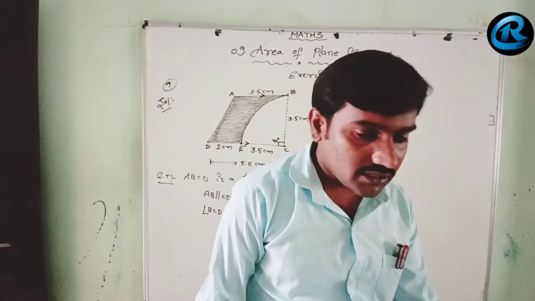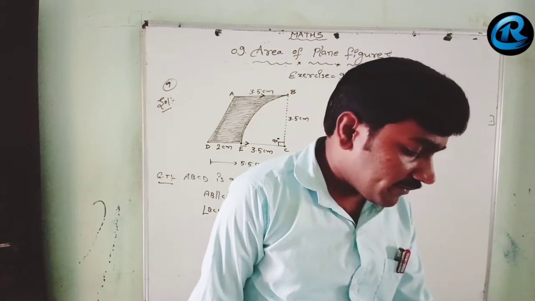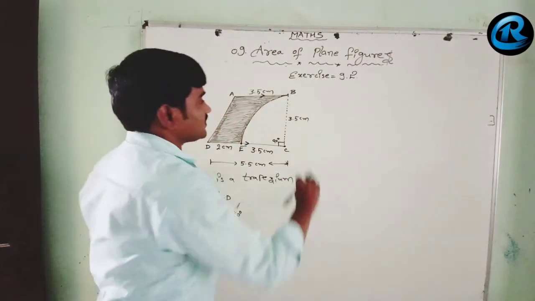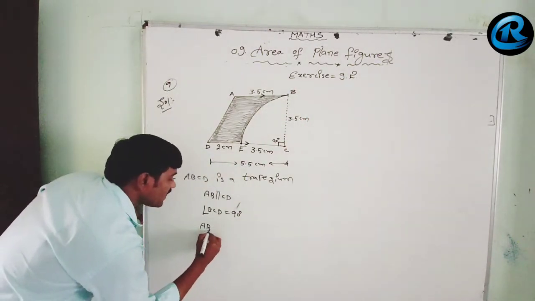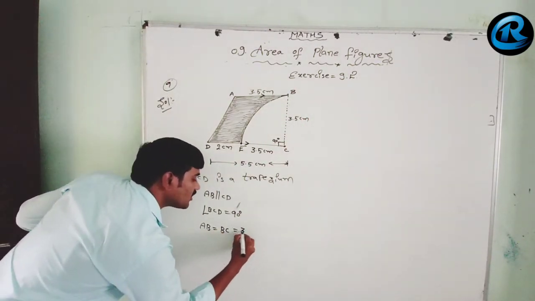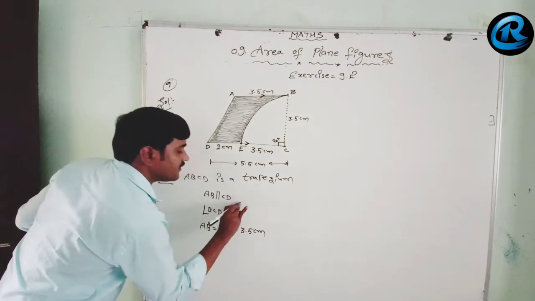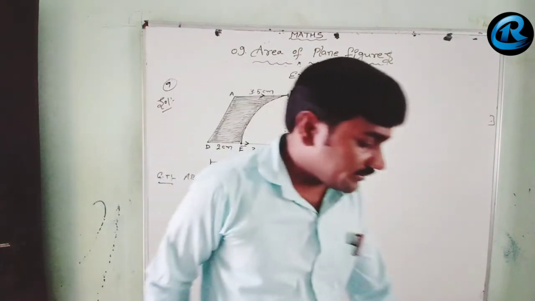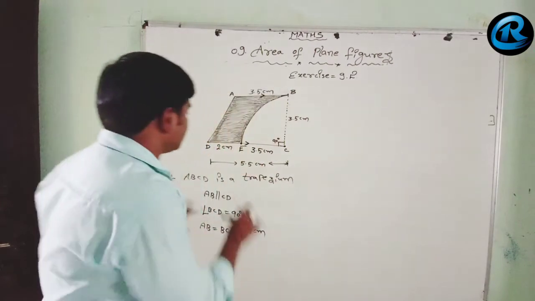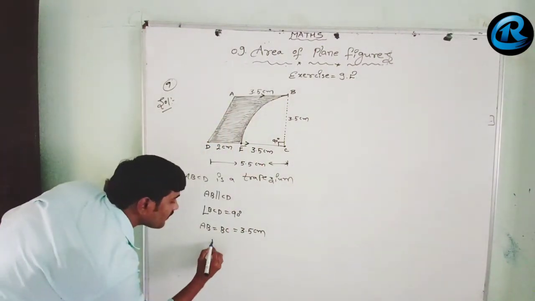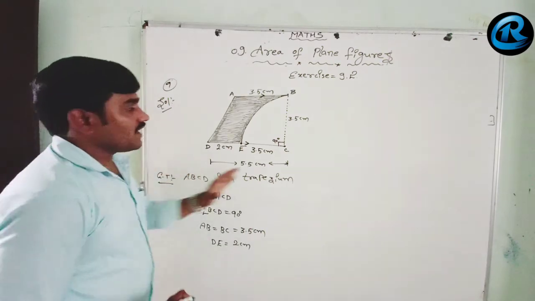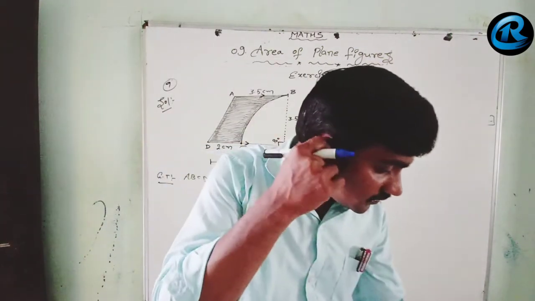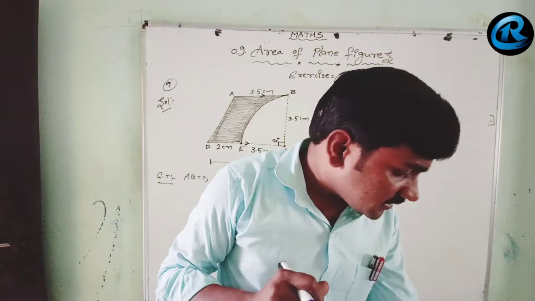The given AB equals BC equals 3.5 centimeters, and DE equals 2 centimeters, and CE is also equal to 3.5 centimeters.